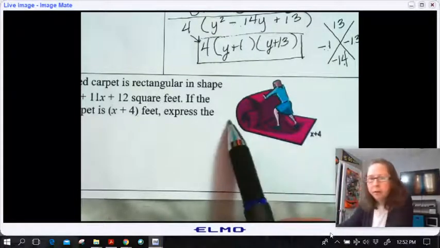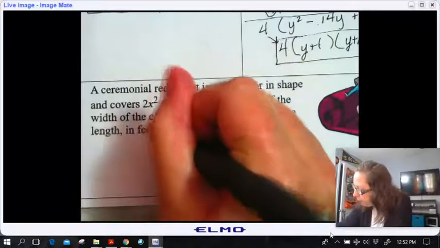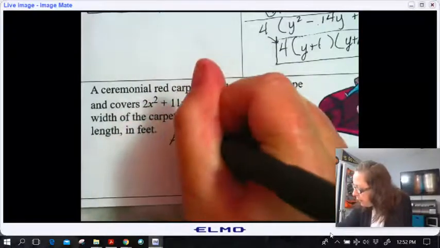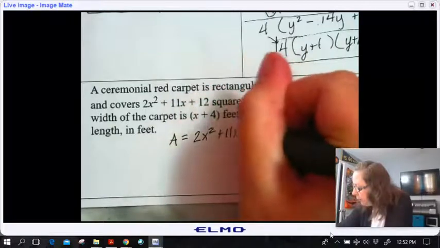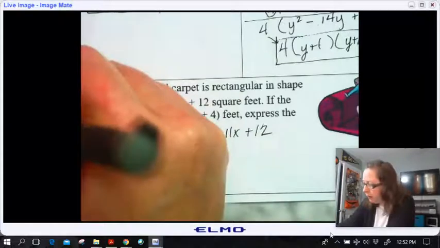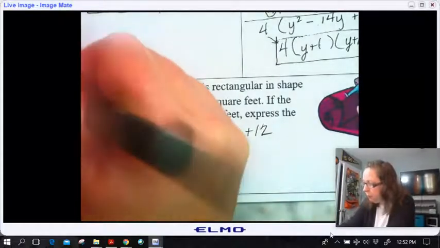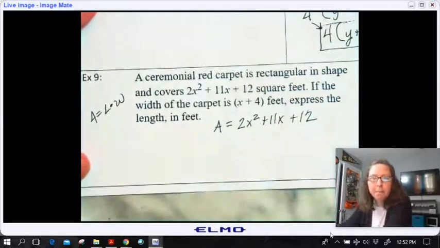How long is it? What they gave me here is the area. The area equals 2x squared plus 11x plus 12. Well, we know that area is the same as length times width.